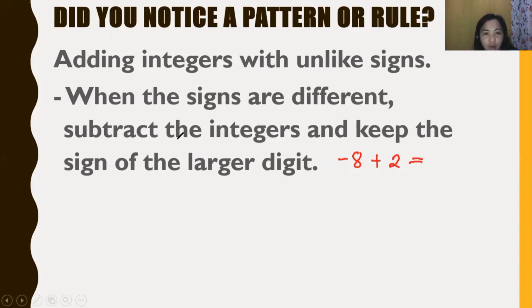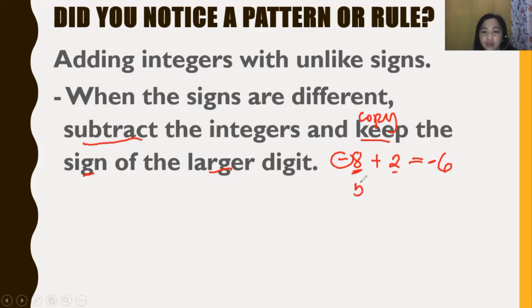Ang gagawin mo lang daw, subtract the numbers. 8 minus 2 is 6. Then keep or copy the sign of the larger digit. Ang sign ng pinakamataas na number ay negative. So the answer magiging negative din.